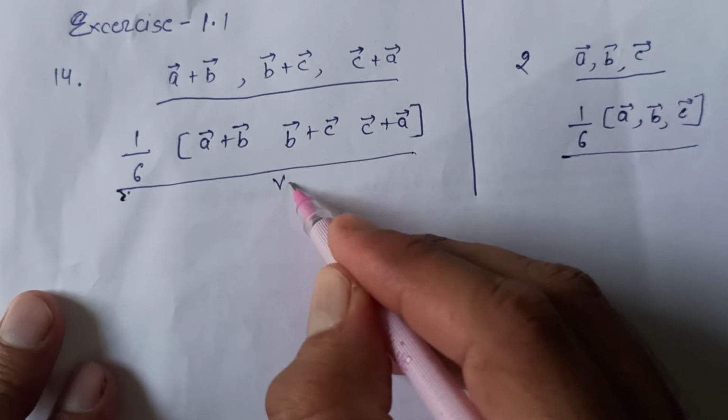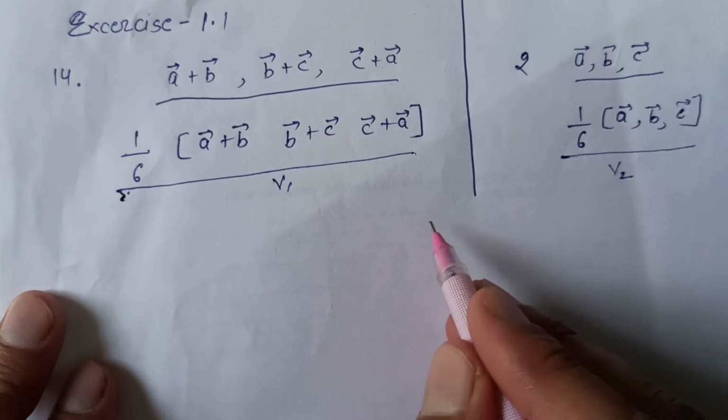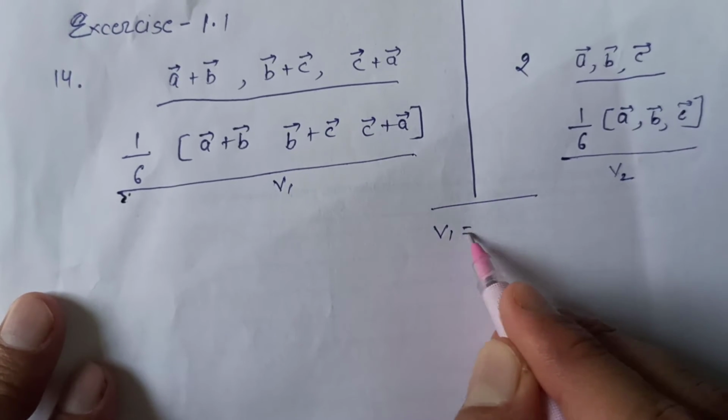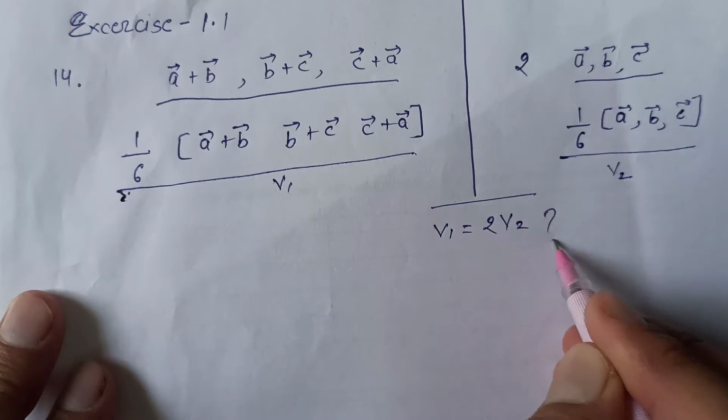So this is V1 and V2. We are to prove that V1 is 2 times V2.